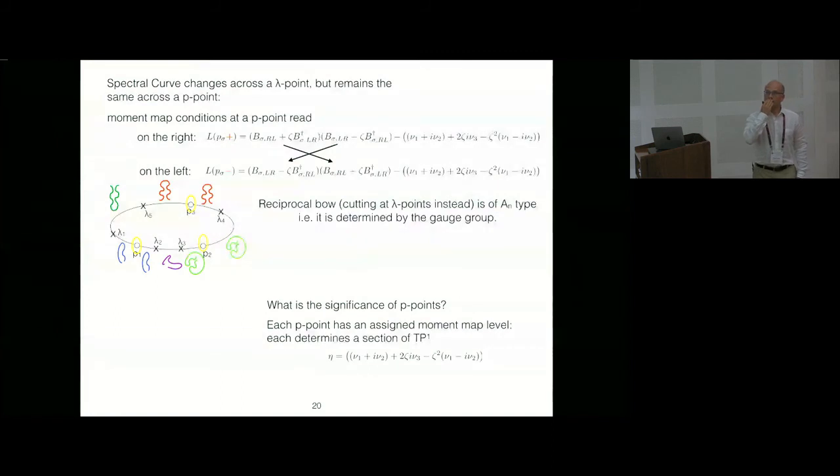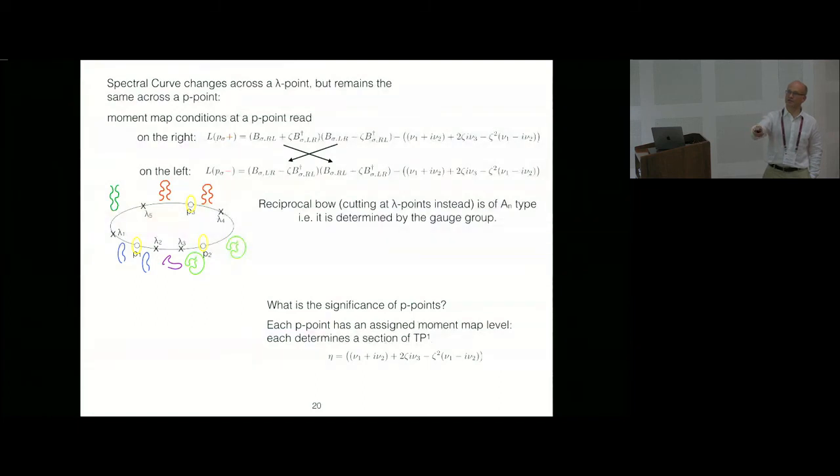So it is important what is happening at these special points, P points and lambda points. At a P point, as we argued, the P point is the position of an NS5 brane, so it really separates this into two intervals. Each has its own gauge group, and there is a bifundamental map from one side to another.